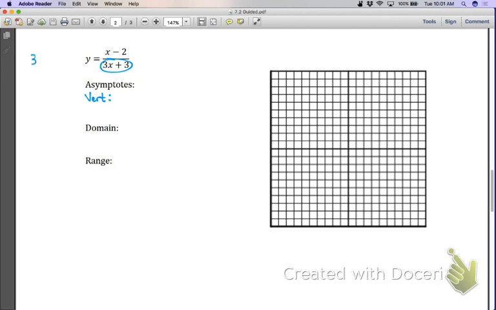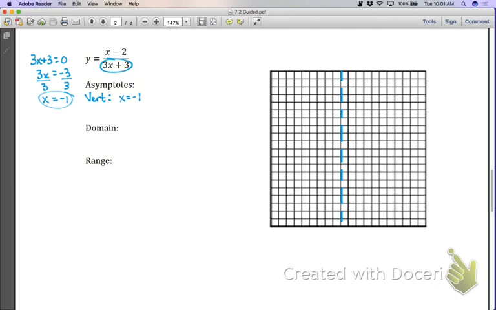If I set 3x plus 3 equal to 0, what can x not be? -1. So my x-asymptote is at -1, or my vertical asymptote is at -1. So there's my vertical asymptote.